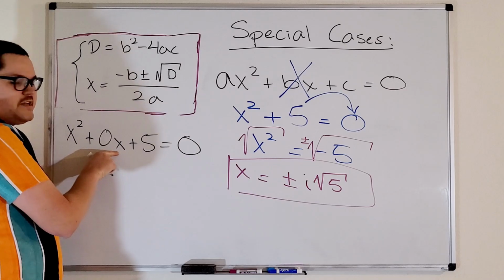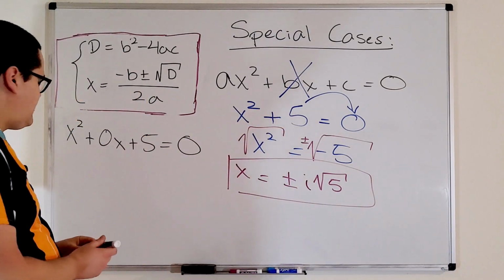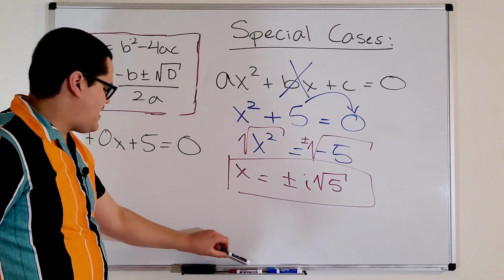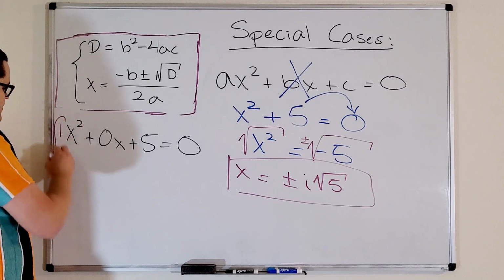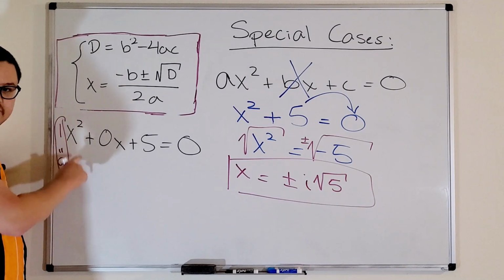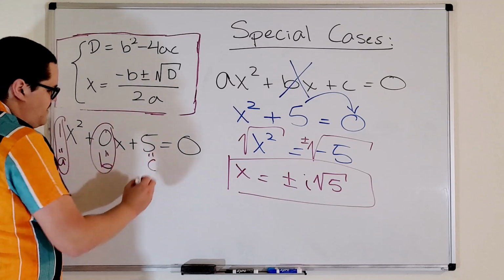So there's a secret term, 0x, that wasn't displayed here. And that allows us to identify that a is 1. Remember, x squared is the same as 1 times x squared. B is 0, and c is 5.